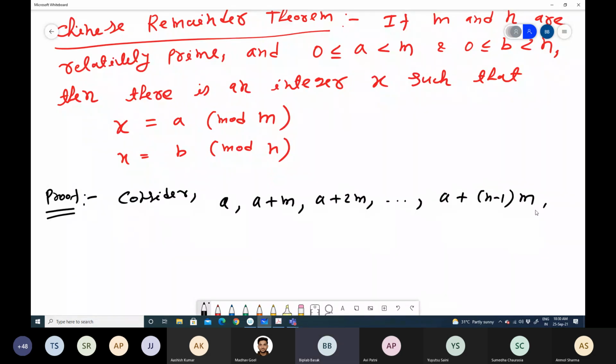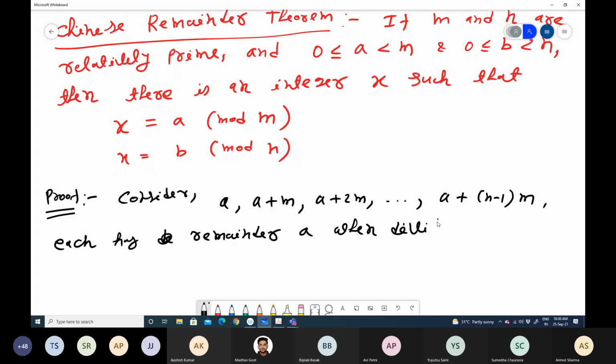You can see that each has remainder a when divided by m, obviously.